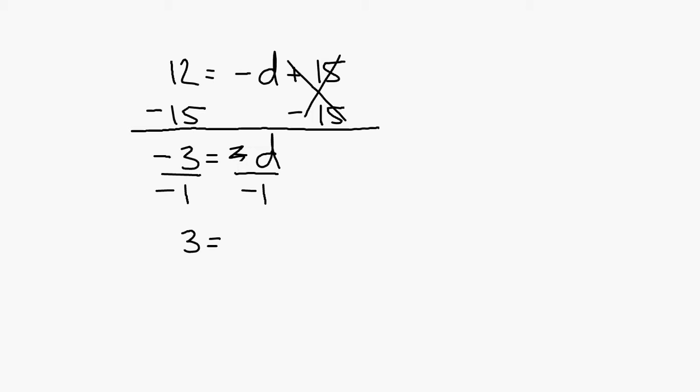These two negative symbols cancel each other out, and you're just left with a d. So 3 is equal to d. Got it?